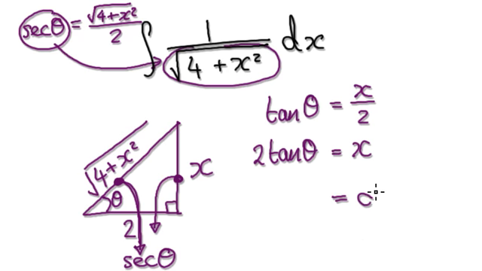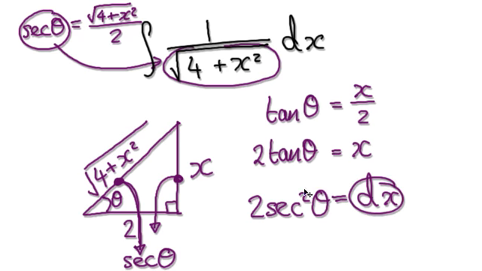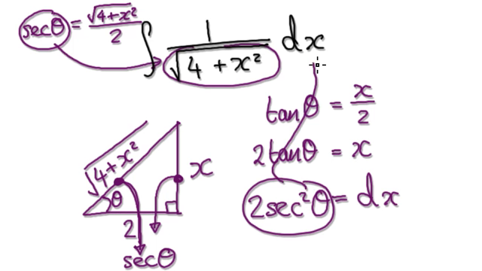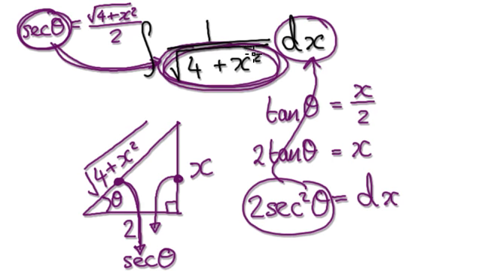So if you differentiate this, dx equals 2 sec squared theta. Remember, you've got to be able to differentiate this in your mind. So that would be this. Okay, so now dx equals this thing here. We can put this thing here into the dx, and then we can put this secant theta into this complicated square root thing down here.